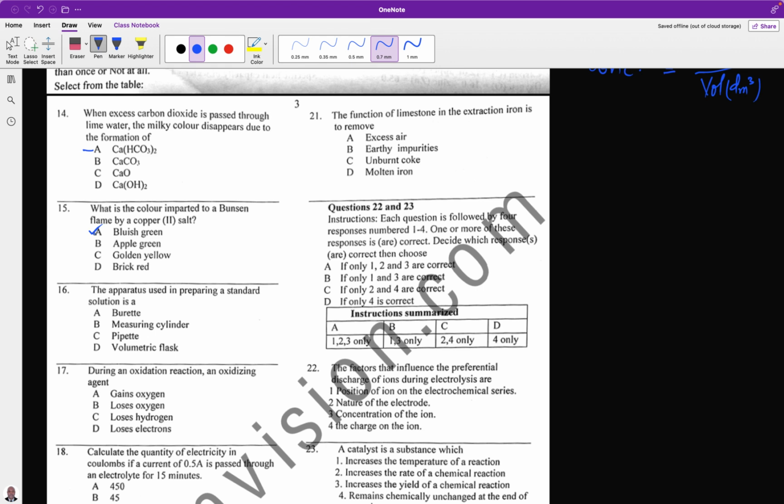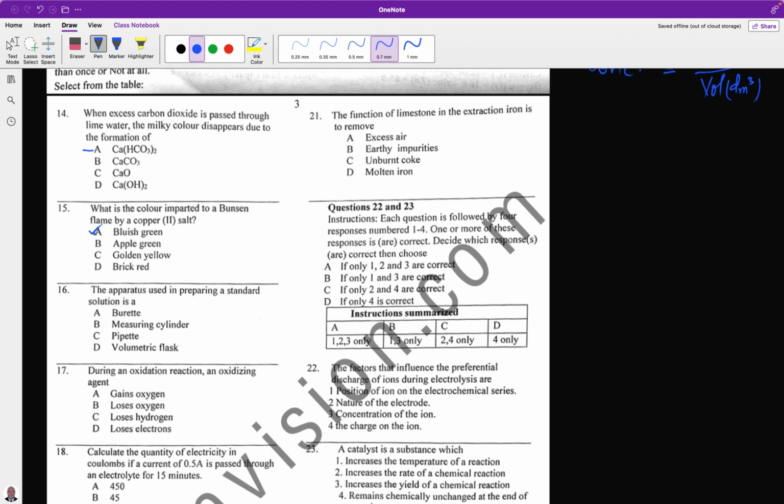Okay, question number 16. The apparatus used in preparing a standard solution is a burette, a measuring cylinder, a pipette, or a volumetric flask.